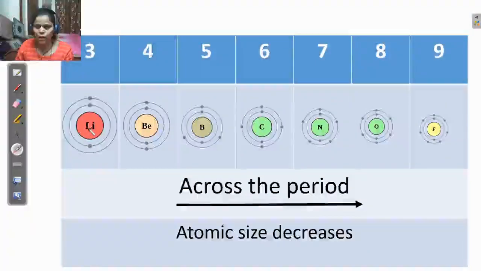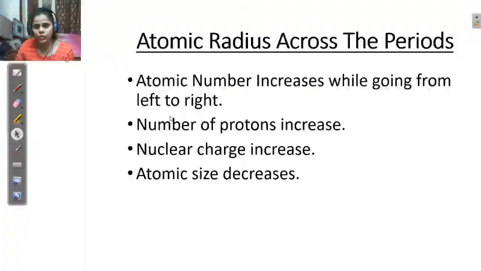The proton has a positive charge and the neutron has a neutral charge. So the total positive charge of the nucleus is because of the protons. That's why if the number of protons increases, the total nuclear charge, the total positive charge, increases.